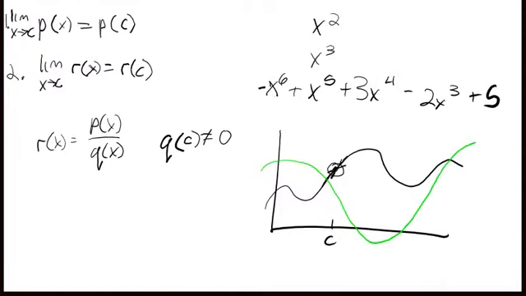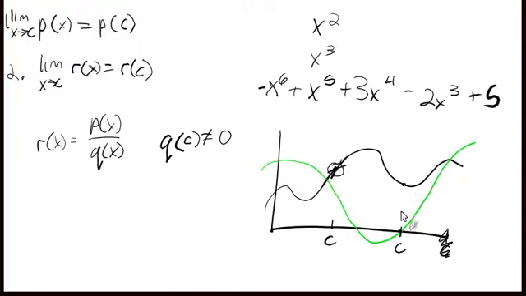Now, if we were to say this is c, not at their intersection, but right here, the limit for p is right here and the limit for q is right here.